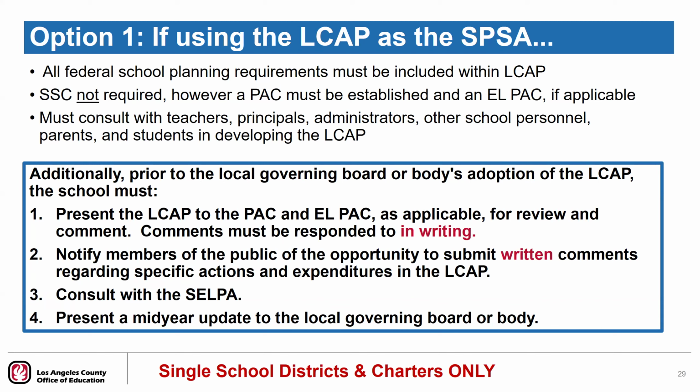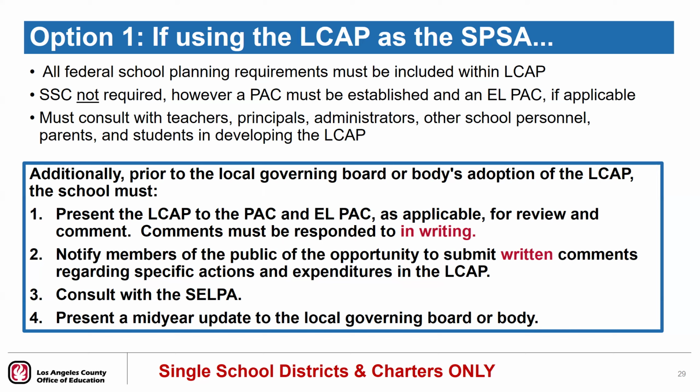You would also need to establish an English Learner Parent Advisory Committee if you have an enrollment of at least 15% English learners and at least 50 English learners. And your DLAC could serve as your English Learner Parent Advisory Committee. The draft LCAP would also need to be presented to the EL Parent Advisory Committee or DLAC for review and comment.